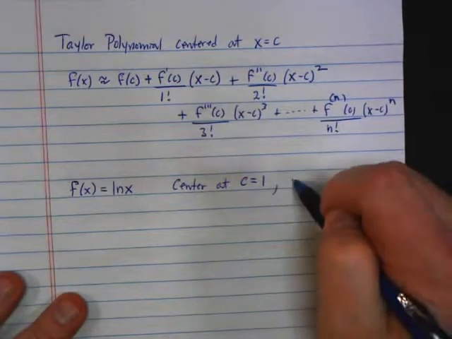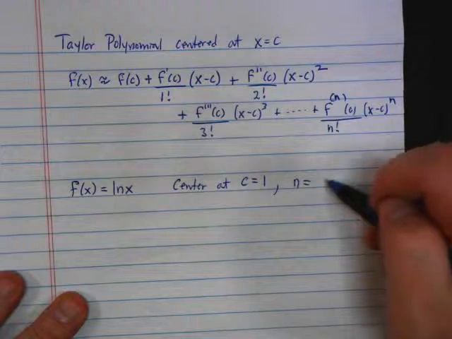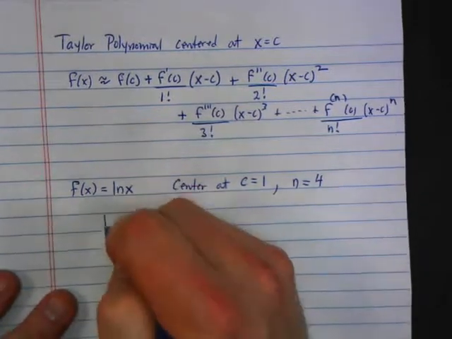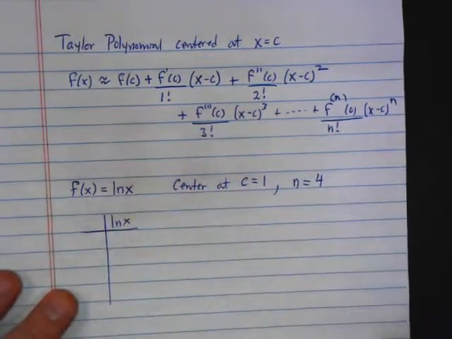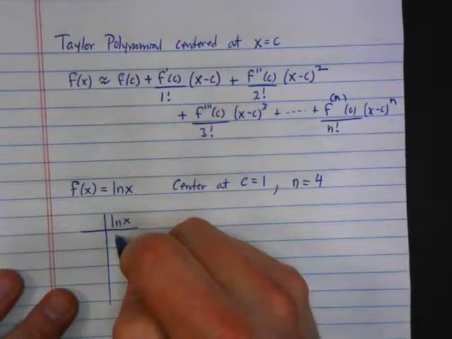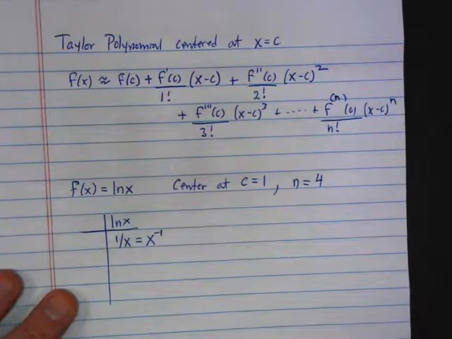And how many derivatives do you feel like taking? 4. So we're going to find the 4th order Taylor polynomial. All right, so we're going to start with ln x. We're going to take the derivative. What's the derivative of ln x? 1 over x, which I'm going to write as x to the negative 1.